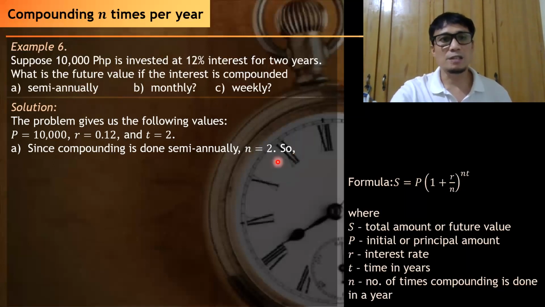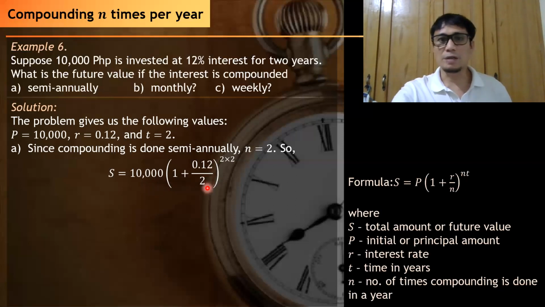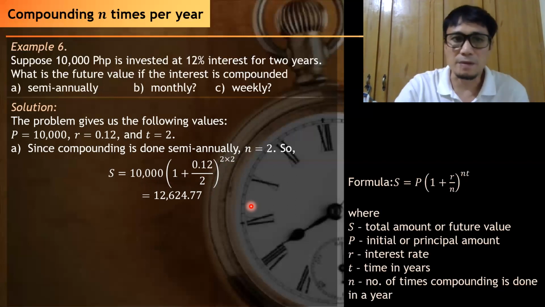Substituting the given to the formula, S equals 10,000 for your P, (1 plus 0.12 for your R, over N, which is 2), raised to 2 times 2, NT. Using our calculator, we obtain 12,624.77.